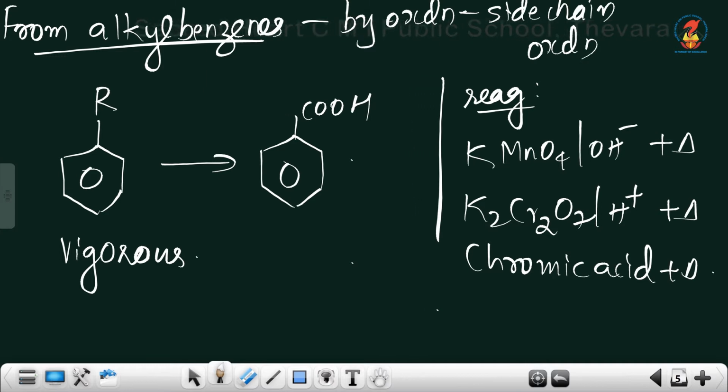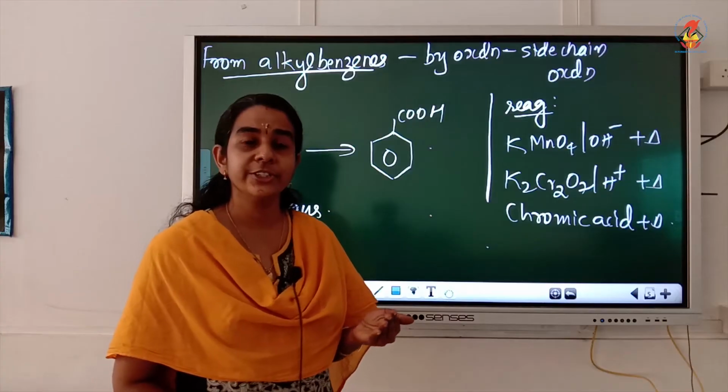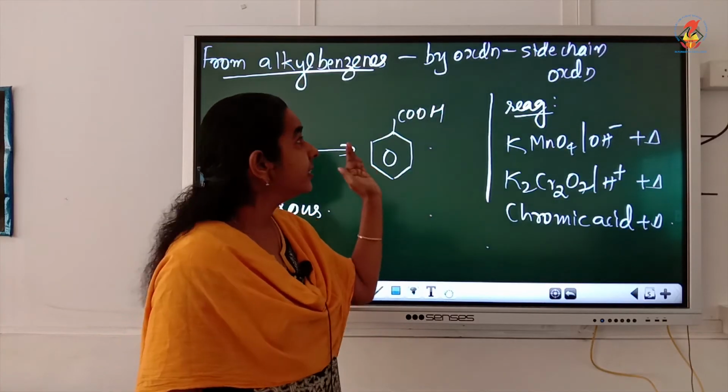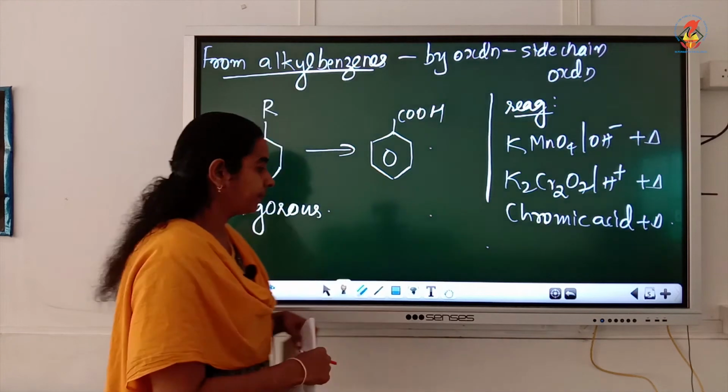So the reagent for side chain oxidation is heating with strong oxidizing agents. So alkaline KMnO4 and heat is a very common reagent that we use for side chain oxidation.